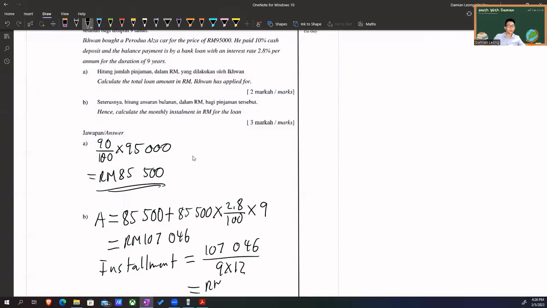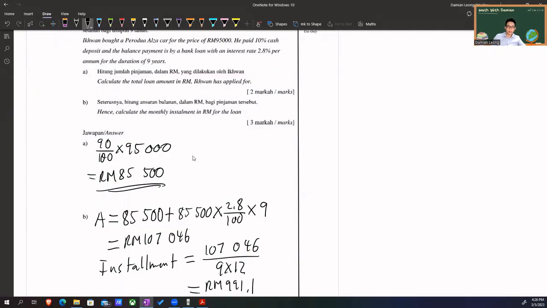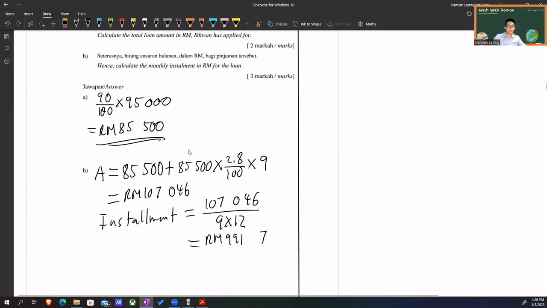So it will be 991 ringgit and 17 cents. That's the monthly installment. Okay.